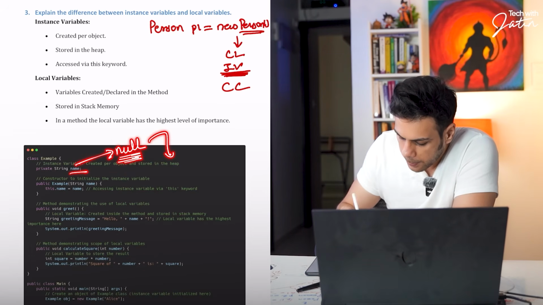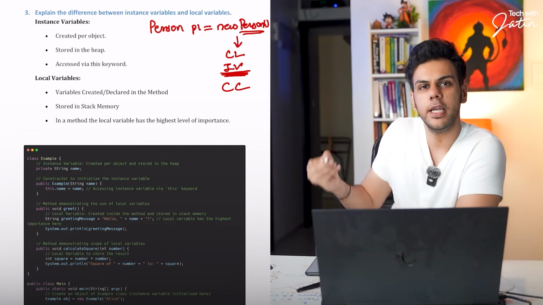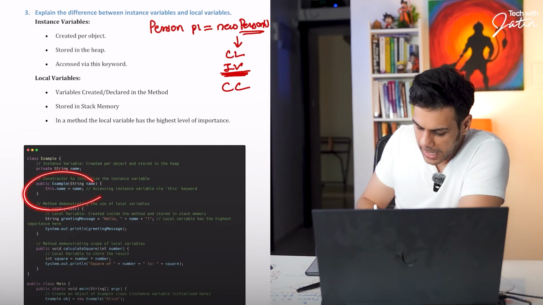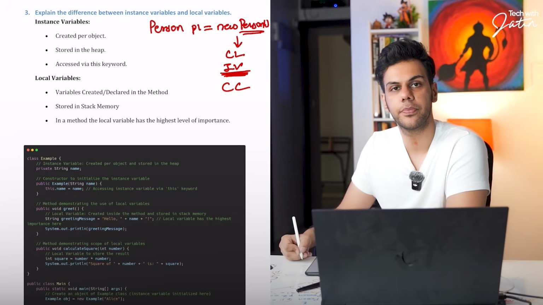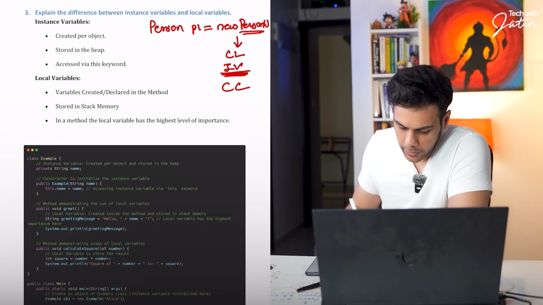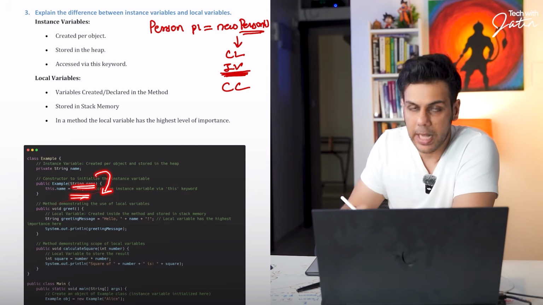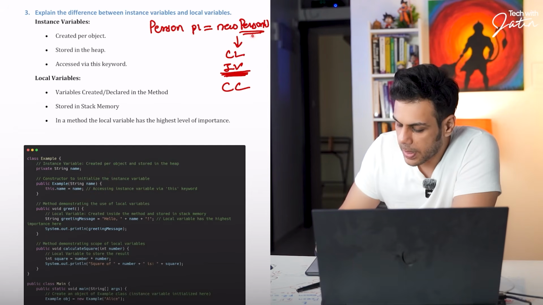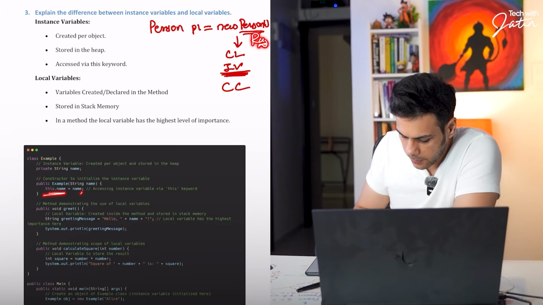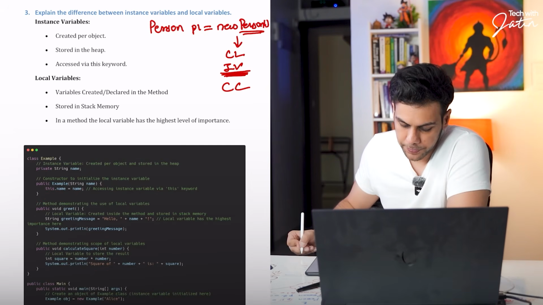It is going to be reinitialized with the right value when you have a parameterized constructor, whose job is to assign whatever value we are passing. So if I pass Raj, Raj will be given to this instance variable.